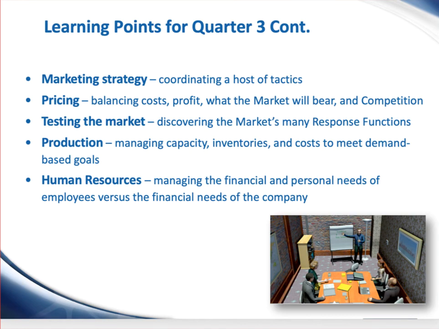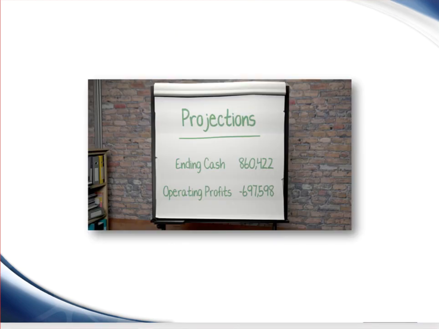Don't overpay and be too costly, but do motivate enough so that your productivity for the firm increases and leaves you with a positive bottom line. As I said before, you need to make sure that you have an ending cash flow that is positive, while we know that your operating profits will most likely be negative.